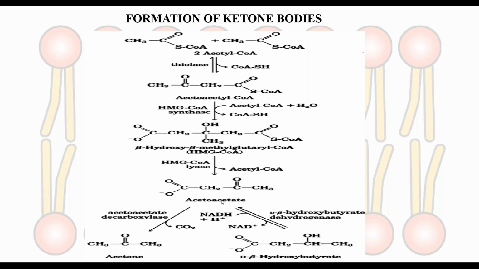The excess of acetoacetate that is getting formed, because the cycle is going on continuously, will be broken down in the presence of the decarboxylase enzyme to give acetone, and in the presence of dehydrogenase enzyme, it will give beta hydroxy butyrate.